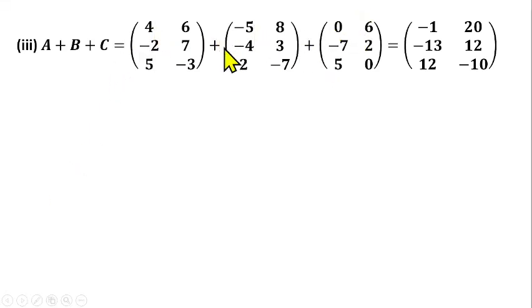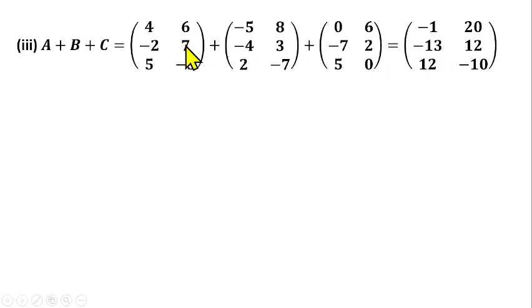So what would that give us? 4 plus minus 5 will give us a minus 1, plus 0, that gives us a minus 1. 6 plus 8 will give us a 14, plus 6, that gives us a 20. We have minus 2 plus minus 4, that will give us minus 6, plus minus 7, that will give us a minus 13.